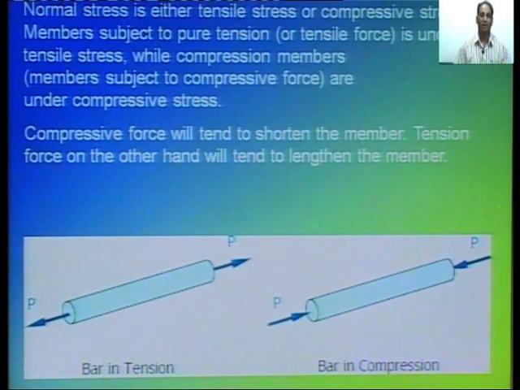You see in the picture: the first bar is under tension, meaning a pull force, P is the tensile force. On the right side, P is the compressive force acting on the bar, so this bar is under compression.